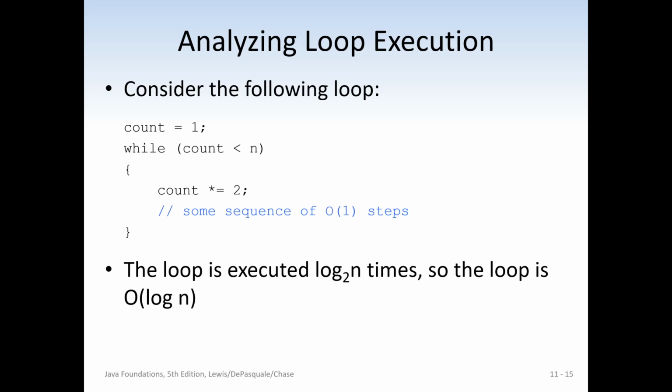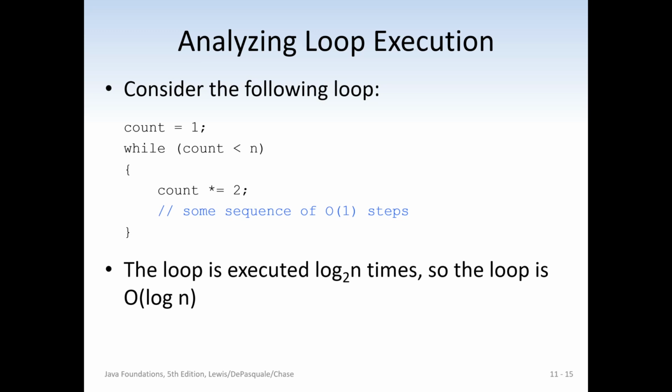We're multiplying that times 2, so the first loop is going to be 2 to the 1, then 2 to the second, 2 to the third. So the question is, what is the largest number of counts such that count is less than n? And if you think about it, that's just a discrete log of n base 2, right? So the order of this loop is big O of log n because the count is incremented exponentially. And the loop body itself is only big O of 1.